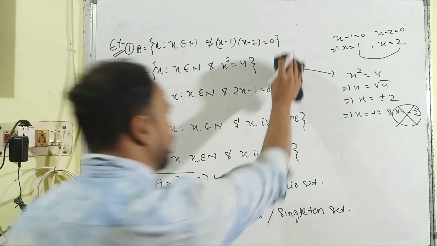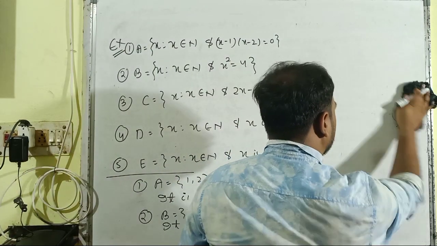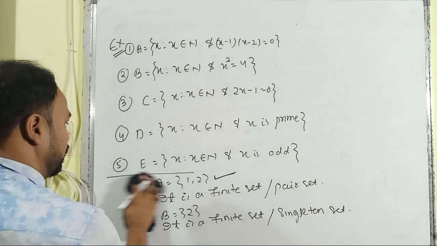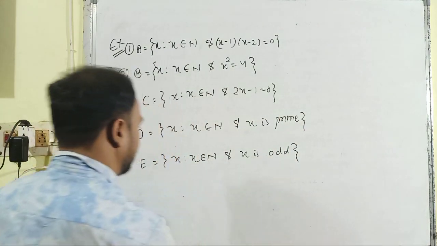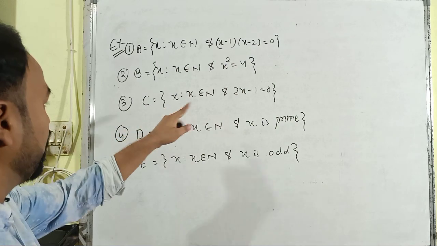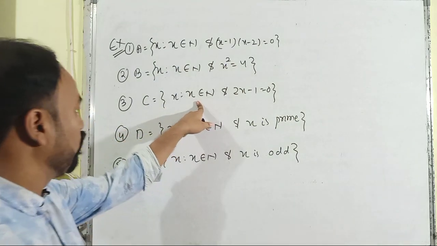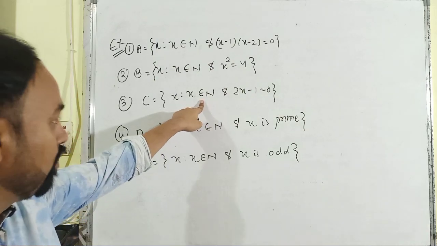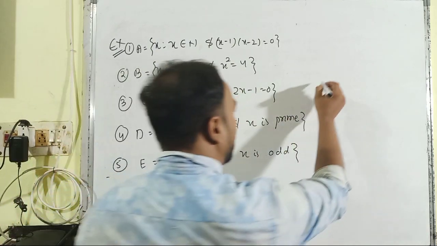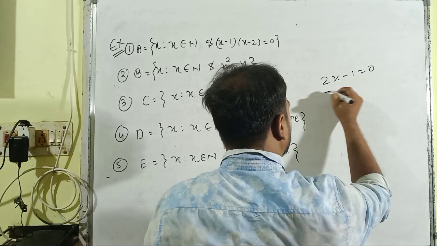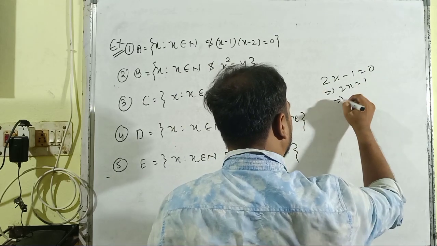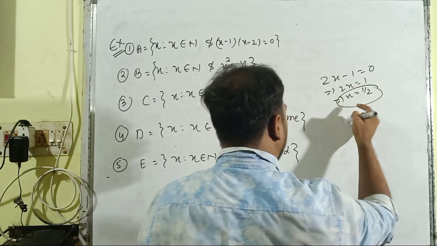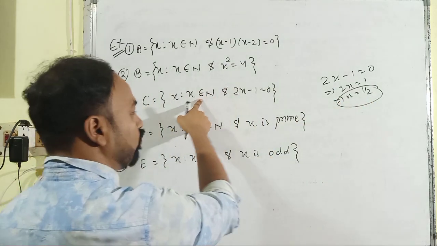Then moving to the third question. It has been asked to find out which type of set it is. x belongs to N, that means it must be a natural number. The second condition is 2x minus 1 equals 0, that means 2x equals 1, and here x equals 1 by 2. But x equals 1 by 2 is not a natural number.